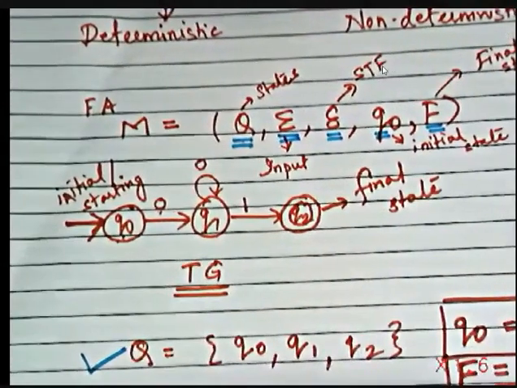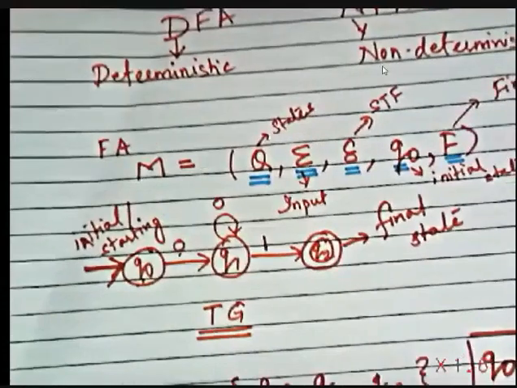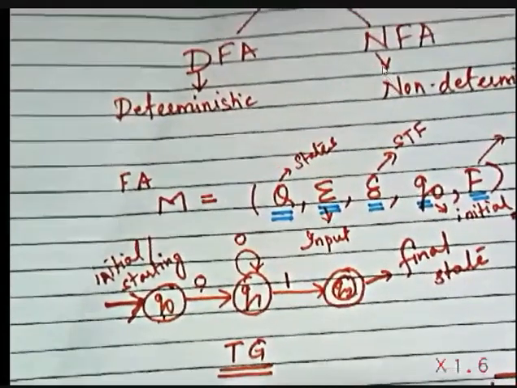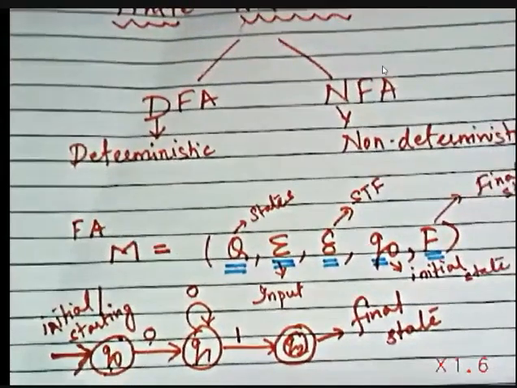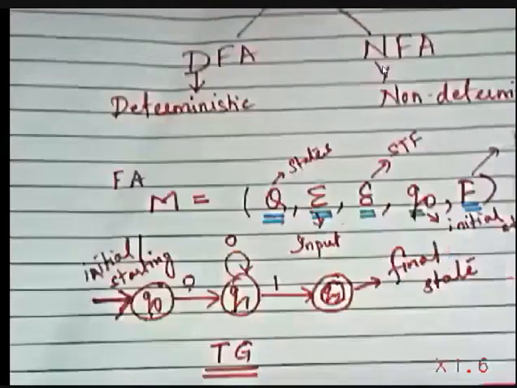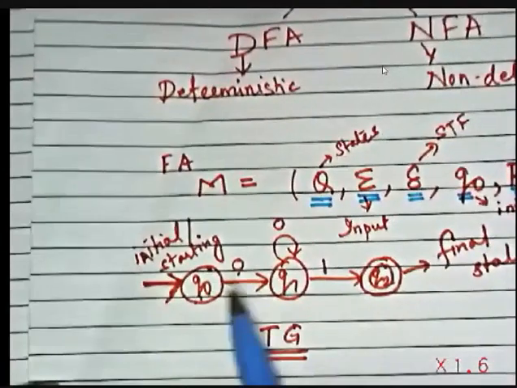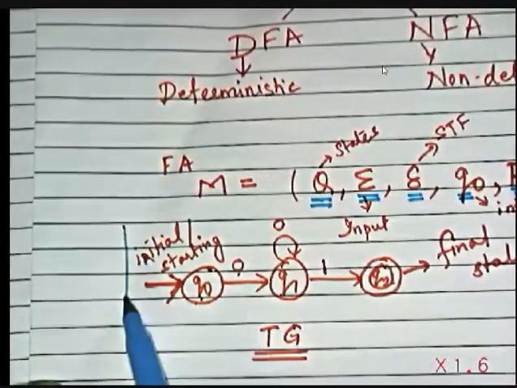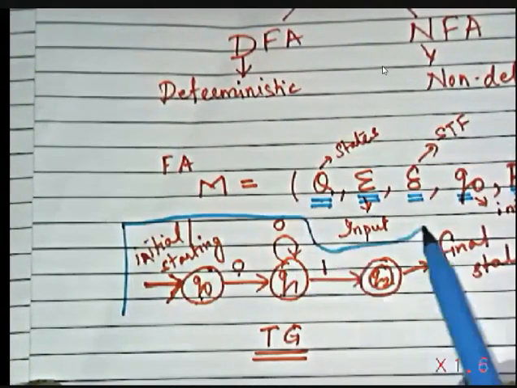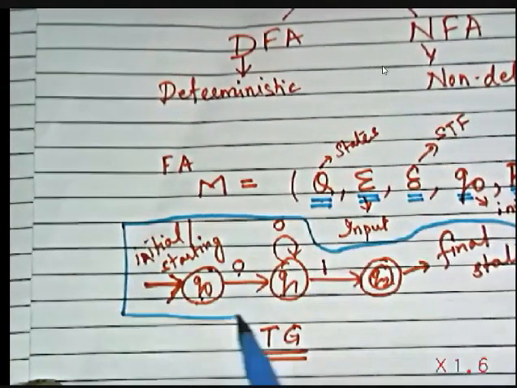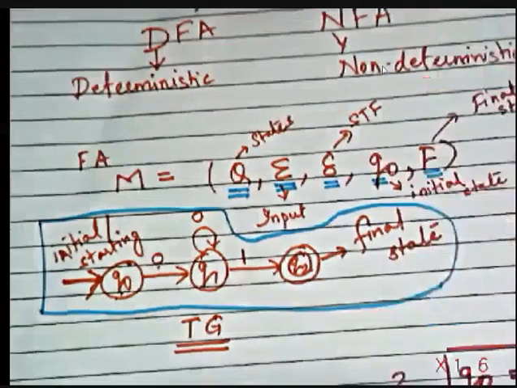Okay. So now the question was, what is the meaning of DFA and what is the meaning of NFA? What is the difference? Now clearly observe this particular finite automata. Is it clearly visible?